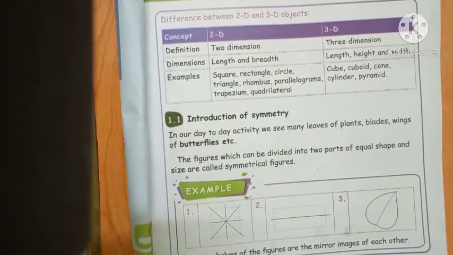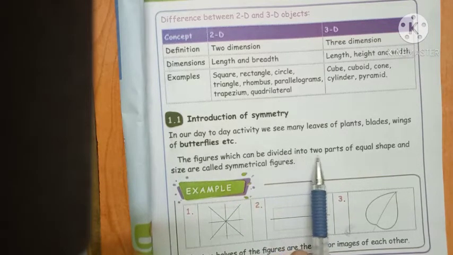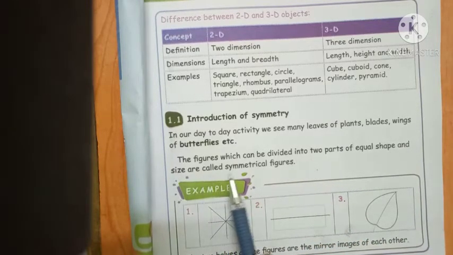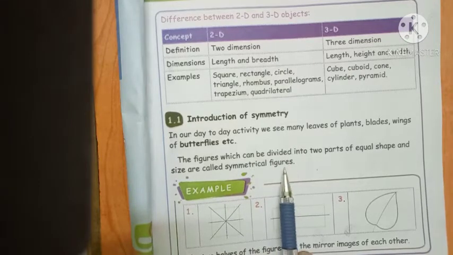Then next one, symmetry. Introduction of symmetry. In our day-to-day activity we see many leaves of plants, birds, wings of butterflies. The figure which can be divided into two parts of equal shape and size is called a symmetrical figure.